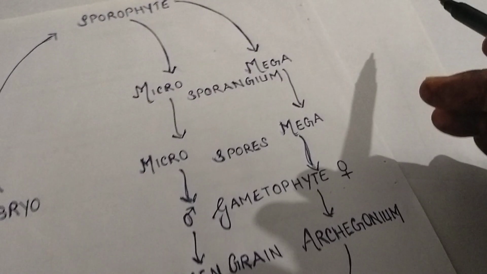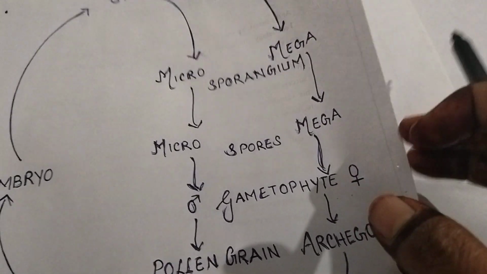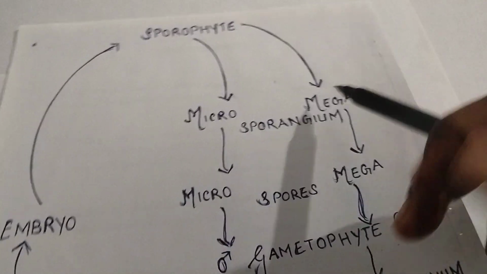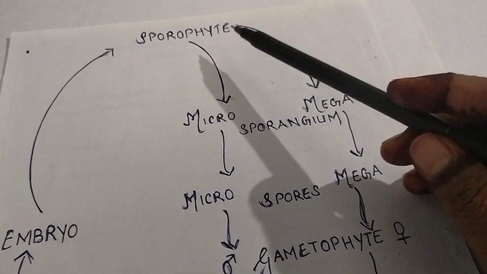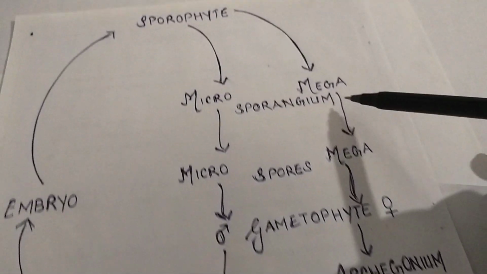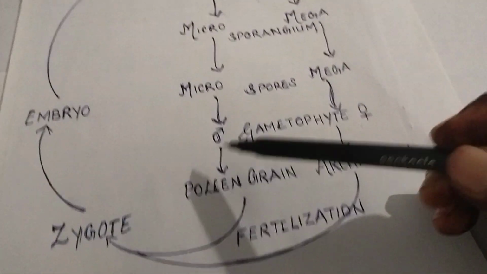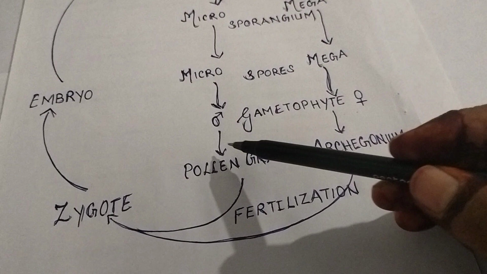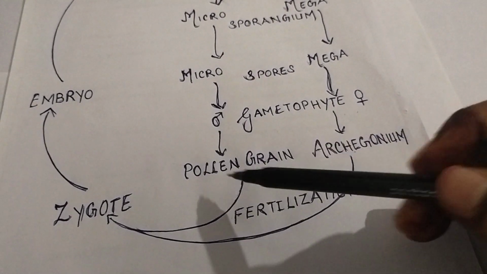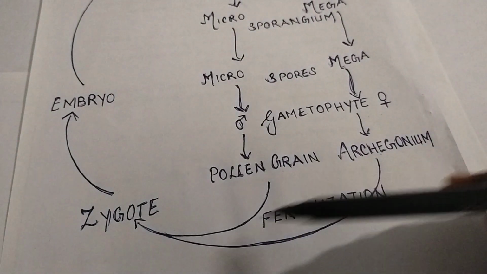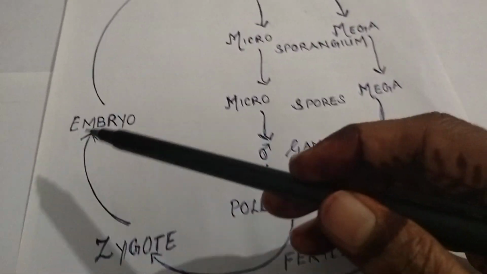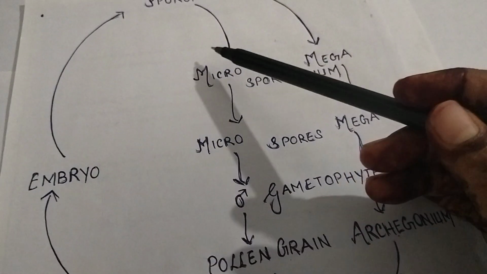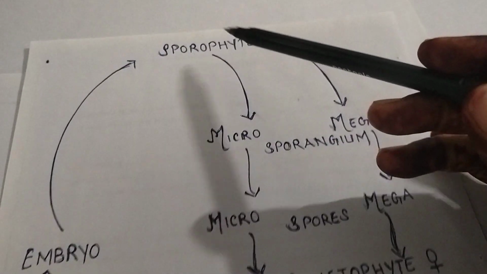Similarly, the diploid condition is the main one. Sporophyte diploid, sporangium, spores haploid, gametophyte haploid, pollen gametes haploid. Fertilization takes place. Zygote diploid, embryo diploid develops into a new sporophyte, that is diploid.